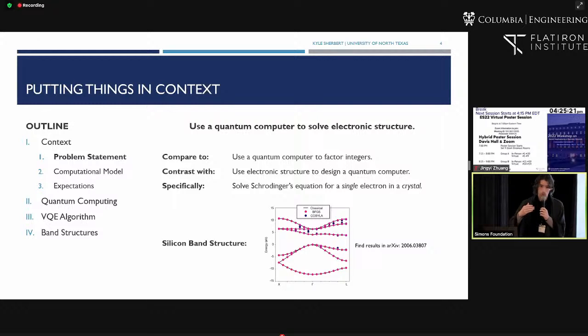Our secure communications, the whole HTTPS protocol, is built around the idea that factoring integers is very hard. And so if somebody can make a quantum computer to reliably implement Shor's algorithm, then all that we have on the internet sort of falls apart in some way.